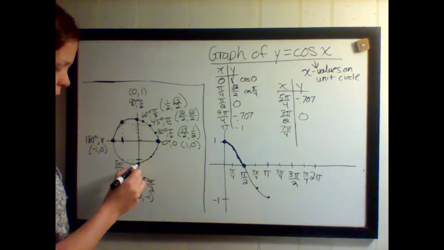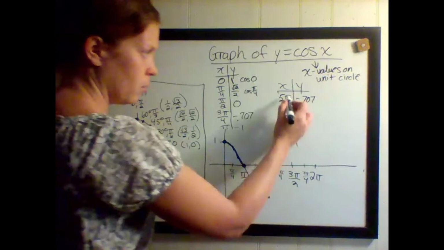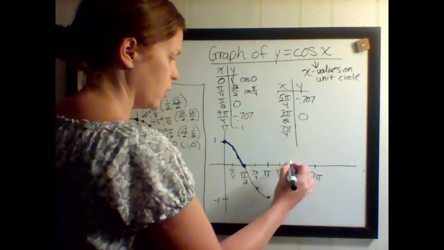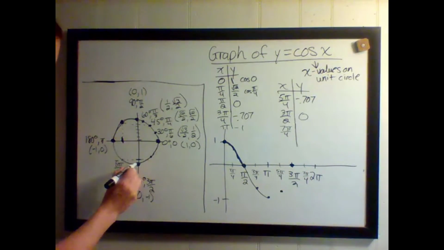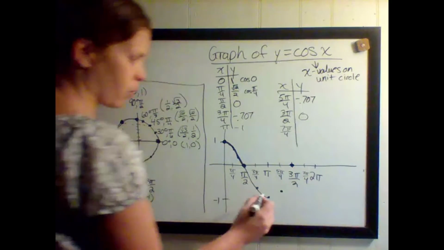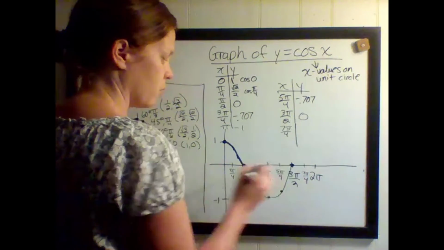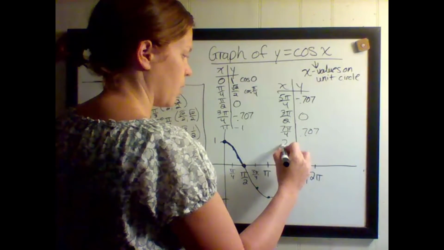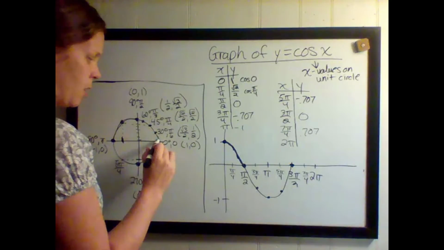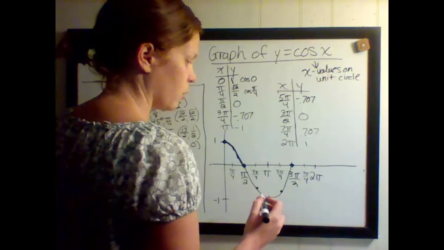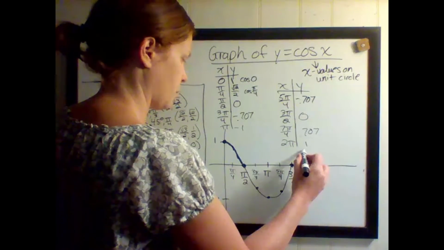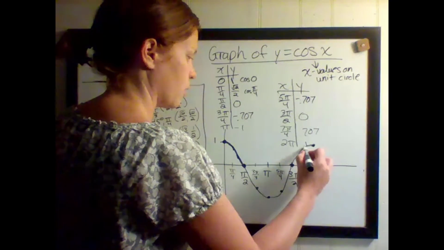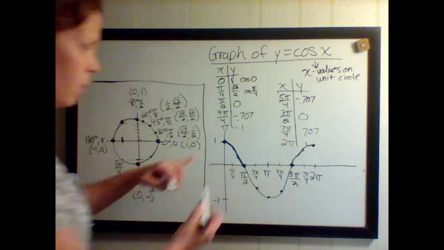So once we hit that 0 at 3 pi over 2, my x values are going from negative in quadrant 3 to positive in quadrant 4. So now it's going to come back above the x-axis, to a positive 0.707. And back to 2 pi, and back to a y value, sorry, of 1. Like that.